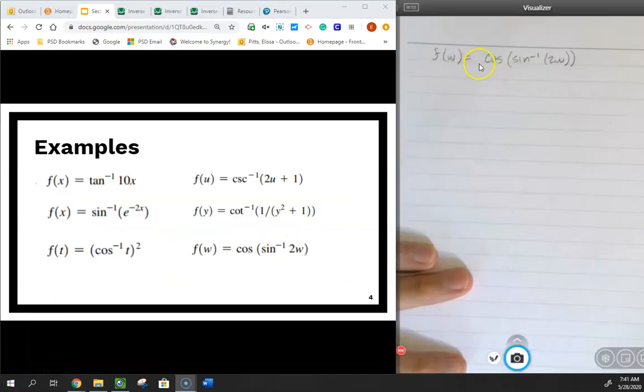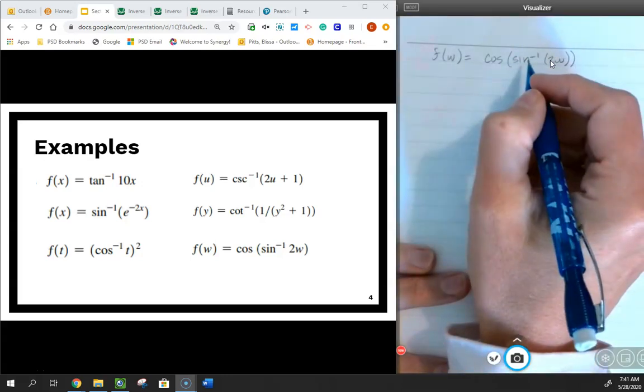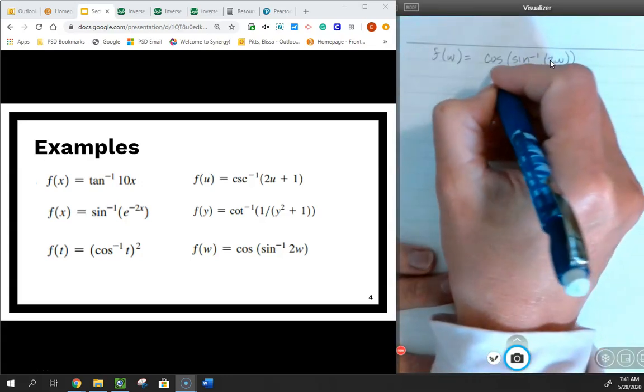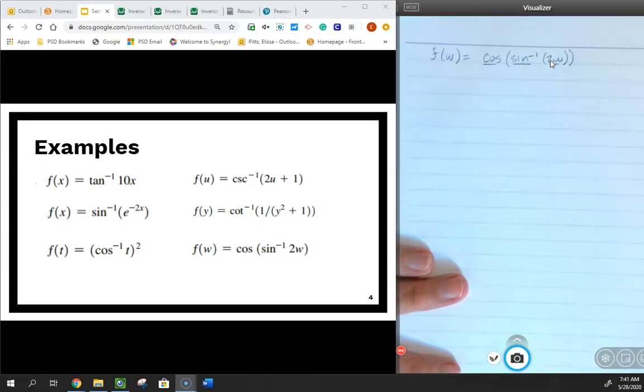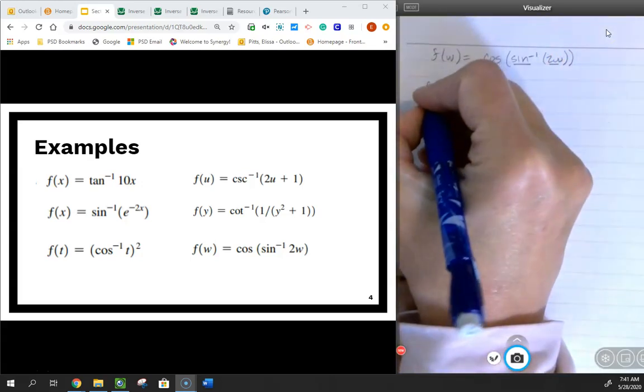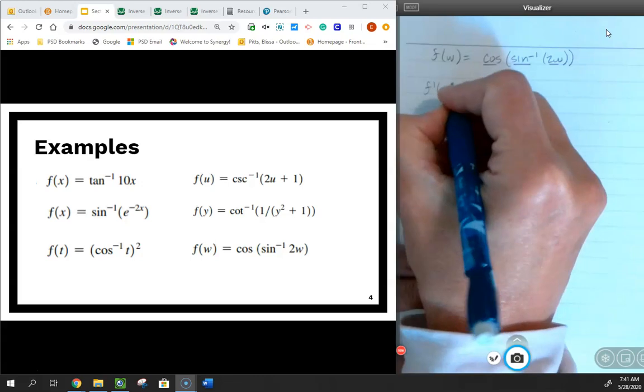Last example that we're going to look at is f of w equals the cosine of the inverse sine of 2w. So we're going to have to use the chain rule a couple times on here because we have an outside, another outside, and the 2w is on the inside. And so let's do f prime of w.